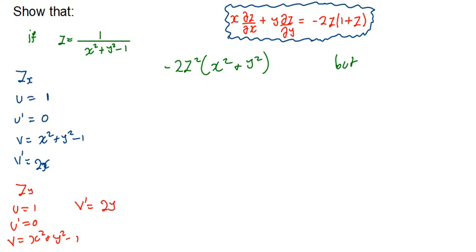What I observe is that I have my x squared plus y squared, which is simply this part. So I'll try to make it the subject of the formula and see if it's going to work out.